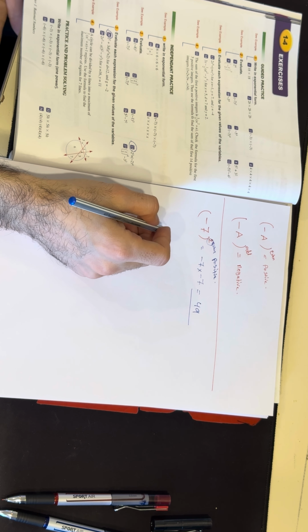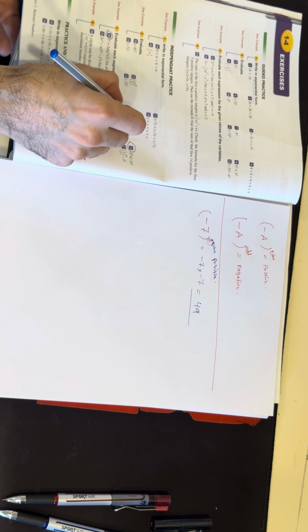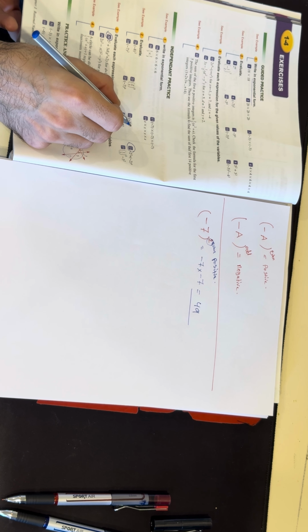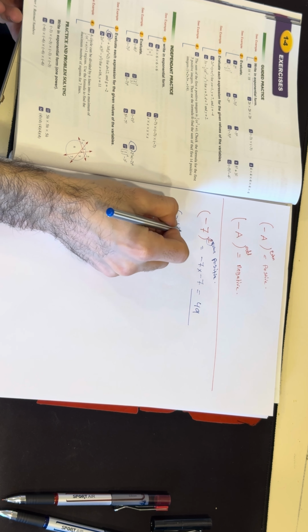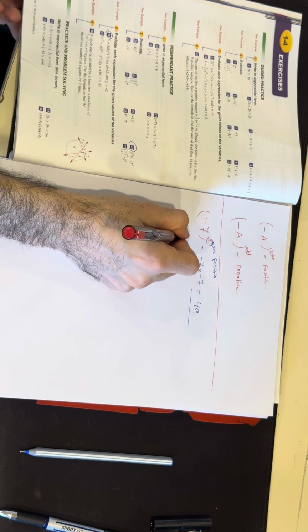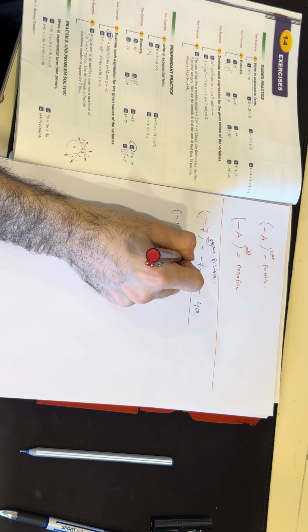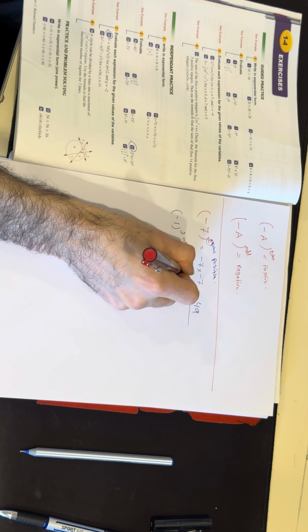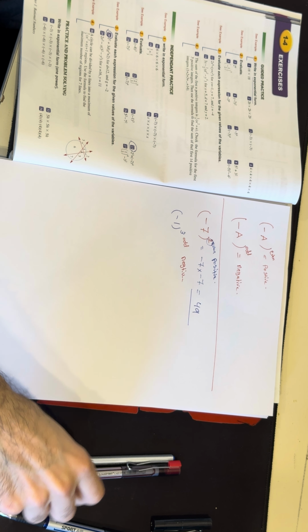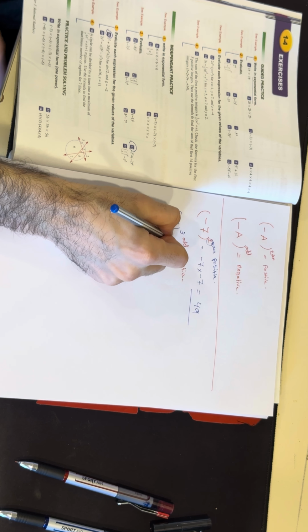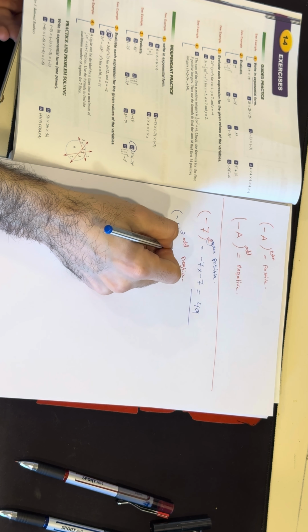Now let's solve another question like -1 power 3, or -8 power 3. For -1 power 3, the power is an odd number, which means the answer will be negative. Let's see if this works.